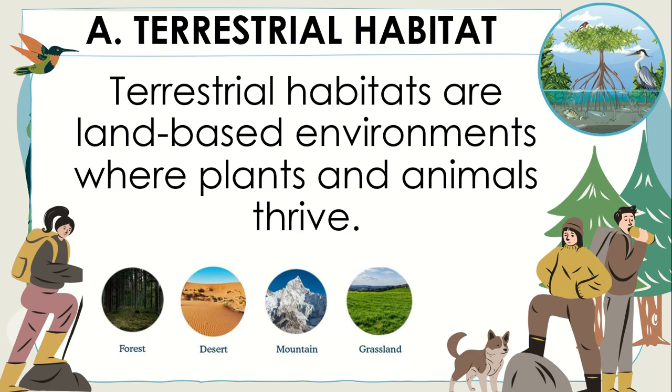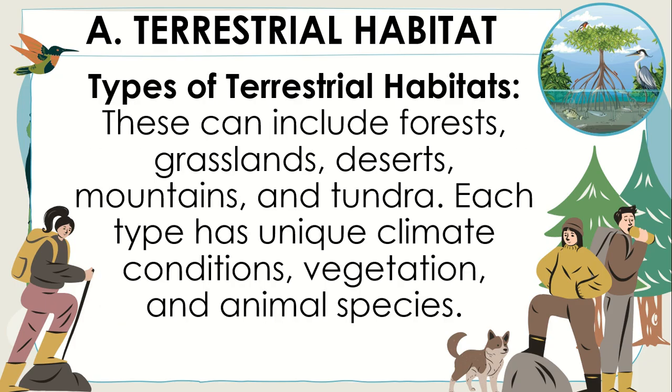It could be forest, desert, mountain, and grassland. We have types of terrestrial habitats. These can include forest, grasslands, deserts, mountains, and tundra. Each type has unique climate conditions, vegetation, and animal species.